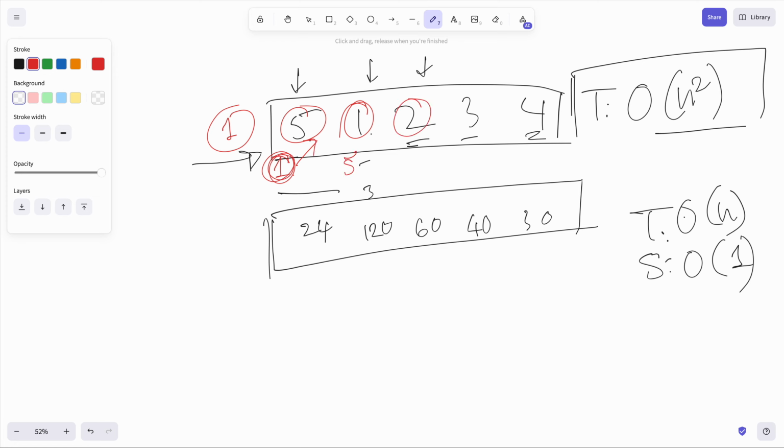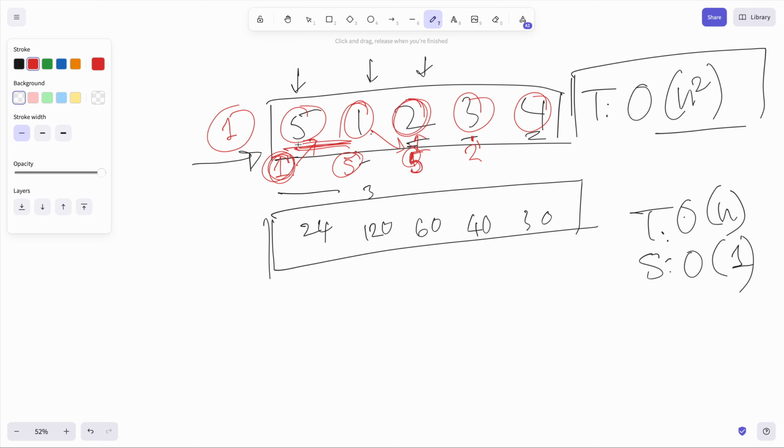For 2, the previous values multiply to 5 times 1, which is 5.